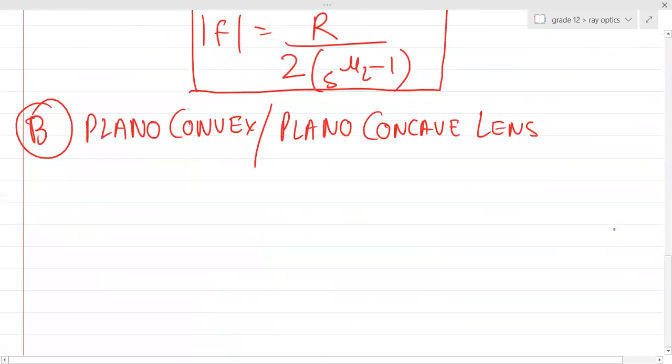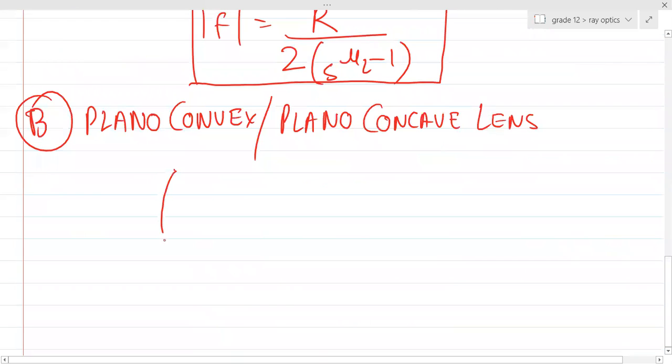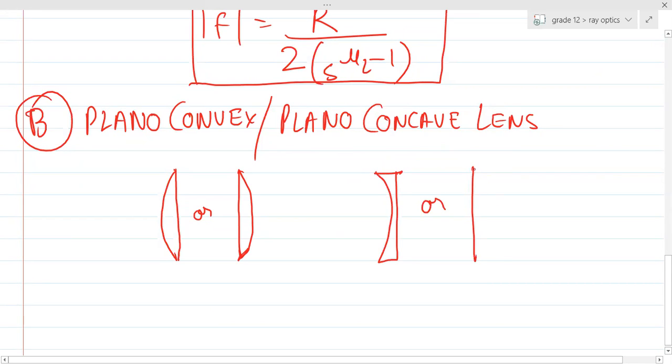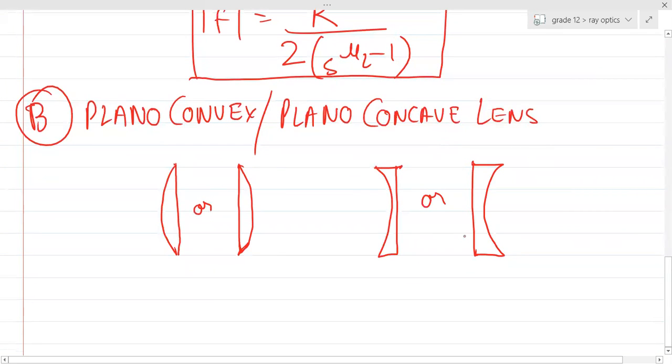If I have a plano convex and plano concave, so suppose if I have this, or this, or if I have this, or this. Tell me, are all of them plano convex or plano concave lenses, right? These are plano concave, these are plano convex, right?